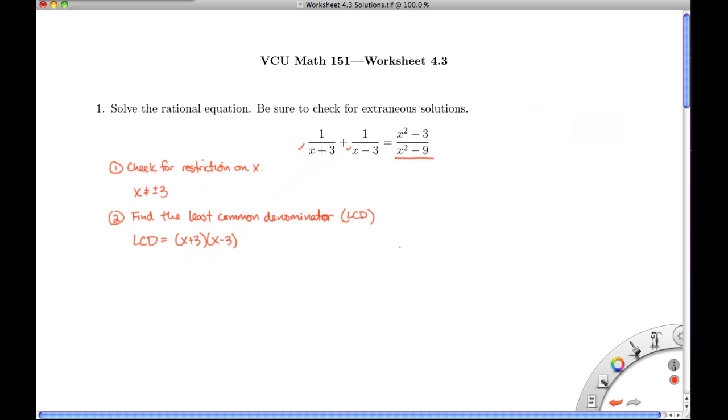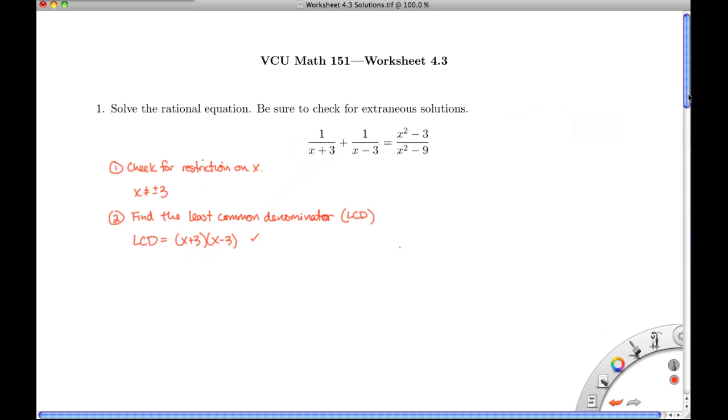Well, it turns out we don't have to add that as another factor because x squared minus 9 is x plus 3 times x minus 3. So it's already the case that x squared minus 9 divides into what we have as the least common denominator so far. So we're actually done at this point. And the product of x plus 3 and x minus 3, we'll just go ahead and count that as our LCD.